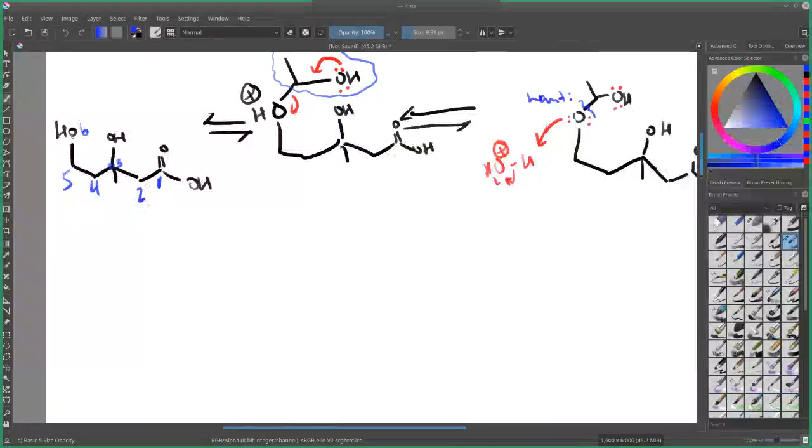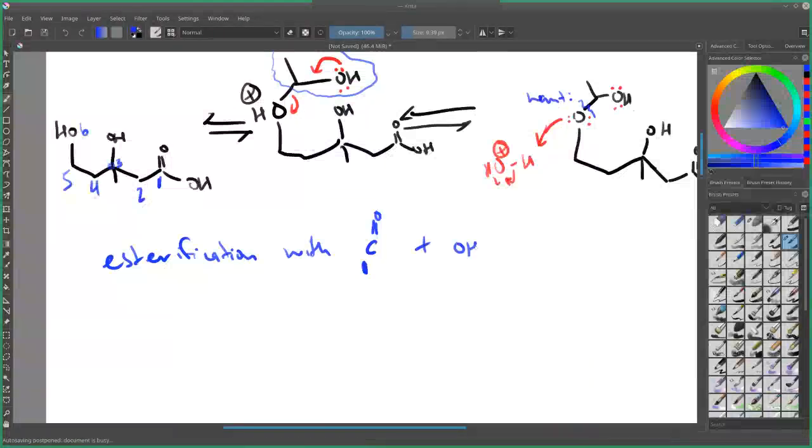So what we can imagine is that we want to do an esterification with the C double bond O that was on number 1, and then the OH that was on carbon number 6.